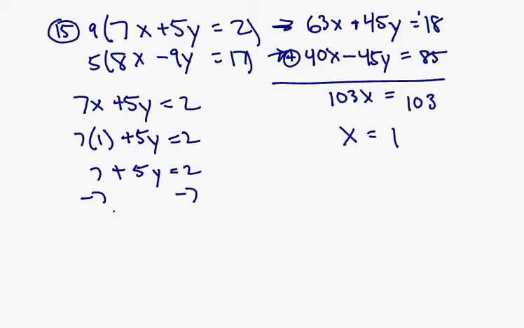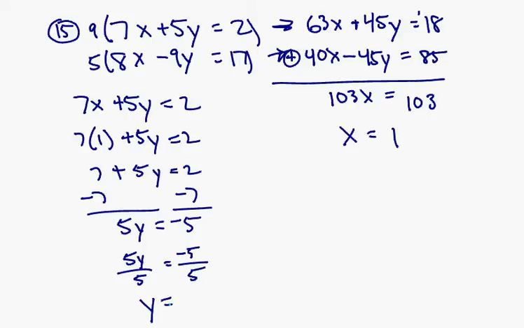Subtract 7 from both sides of the equation, getting rid of the constant term on the variable side. So I wind up with 5y equals negative 5. Divide both sides by the coefficient of the variable, so I divide both sides by 5. So that's negative 5 divided by 5, and I wind up with y being equal to negative 1.